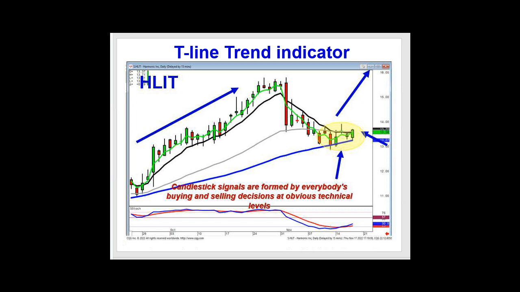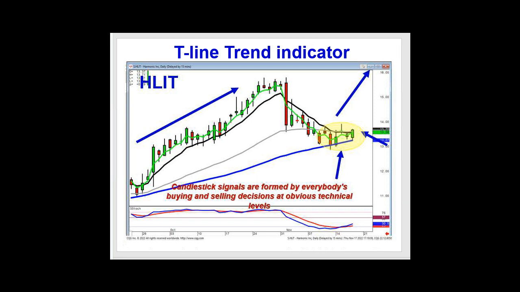Today I was trading hogs. So it works if you just recite the definition of a candlestick signal, which is basically the graphic depiction of everybody buying and selling during a specific time frame. It works just as well on a 1-minute chart as it does on a monthly chart.